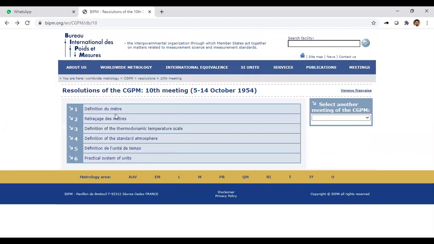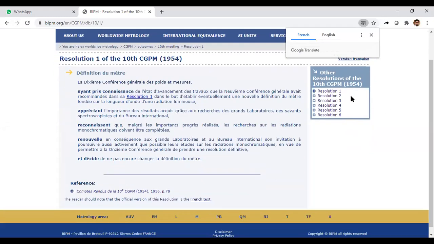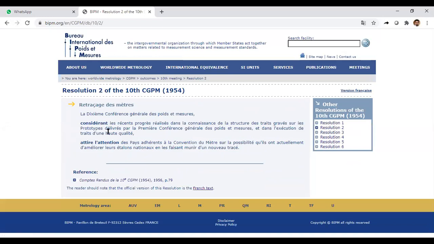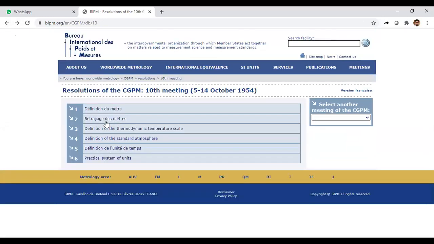Next, what is resolution 1? It is about the meter, how a meter is defined. Resolution 2 is about the wavelength of the meter. Resolution 3 is the thermodynamic temperature scale. Resolution 4 is the definition of standard atmospheric pressure. Resolution 5 is about defining temperature units.